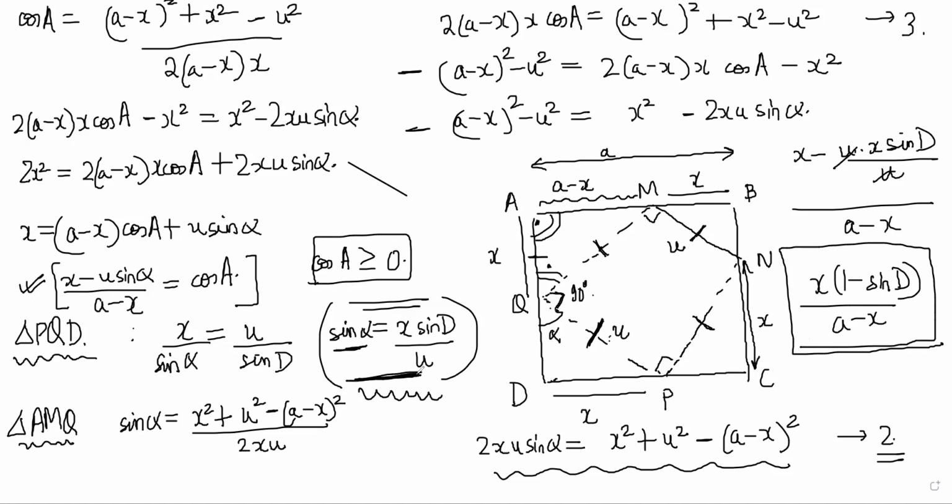Basically, I'm using the first result and putting it here, right? I'm saying sin α is this, and if I put that here, I will get x(1 − sin d)/(a − x), right? That is equal to cos A. So I'm getting cos A equal to x(1 − sin d)/(a − x).